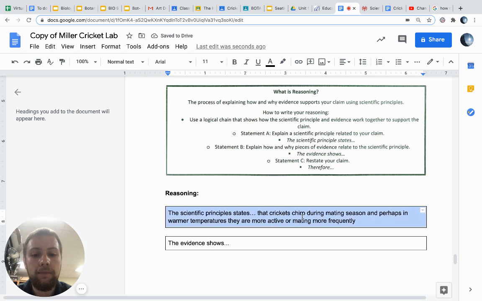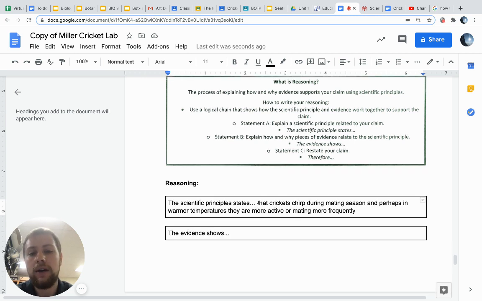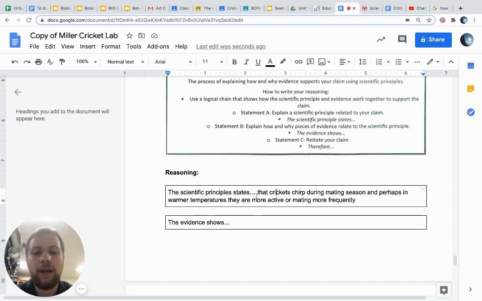Essentially, talk about a scientific principle that relates to the crickets that you've learned about in the research. For example, if we were talking about finches in the Galapagos, we might cite Darwin's theory of evolution because that's a relevant scientific principle related to the topic.